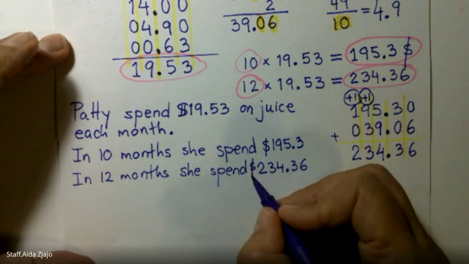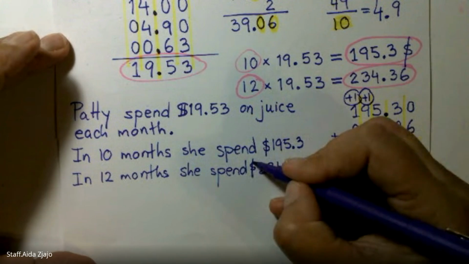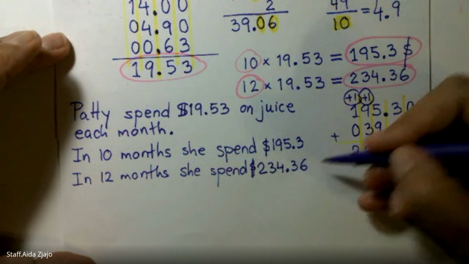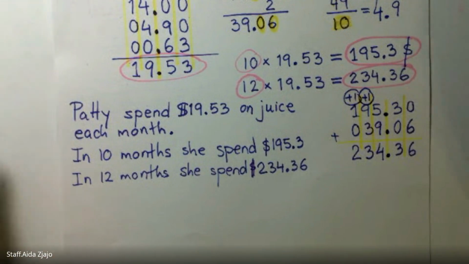And I forgot to put the dollar sign right there. Okay, here you go. So that was the lesson 12 word problem.